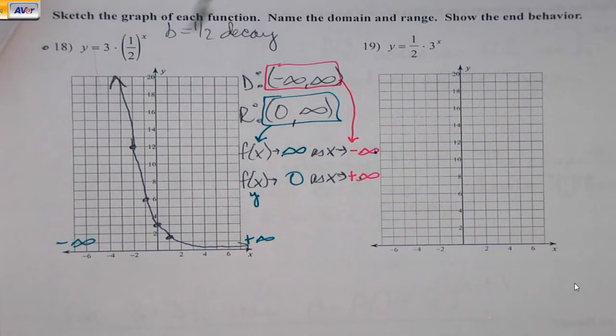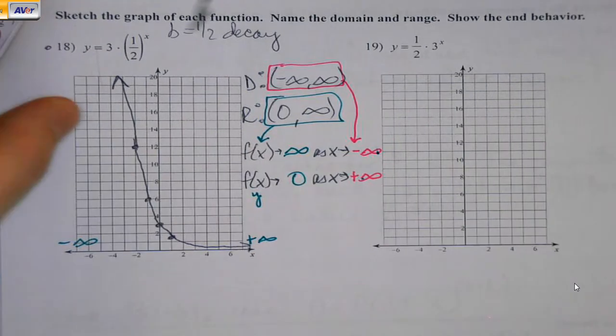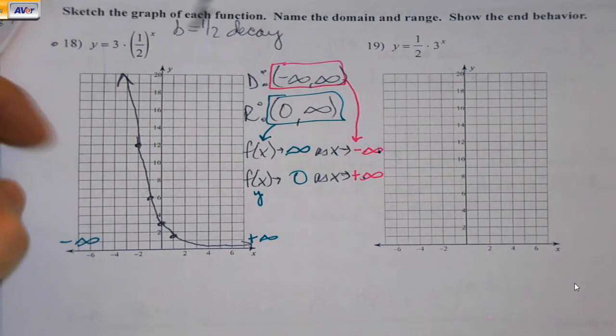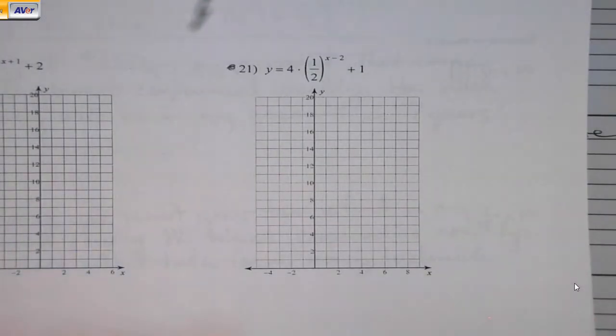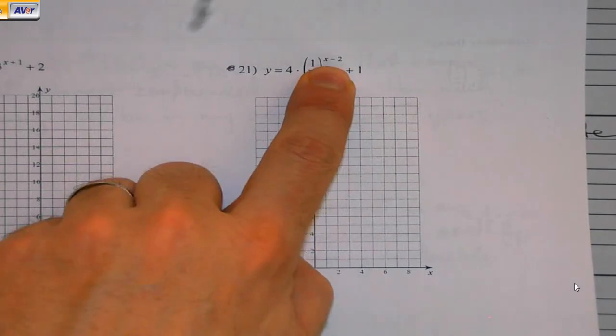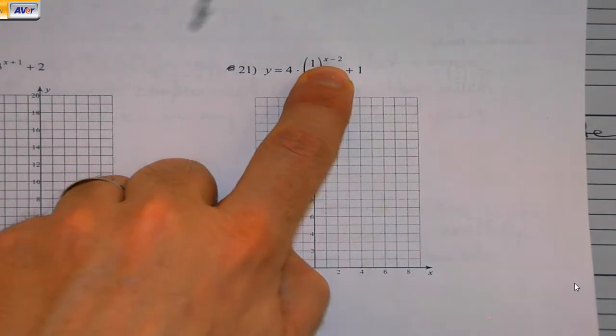And so we're going to do the same thing on 21 together, except this time we're going to have some movement going on. And we're going to try to make a connection with that. So here's what we've got working. Okay, on 21, I have two shifts. My shift in the exponent is my left-right.